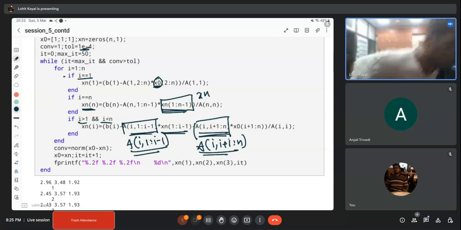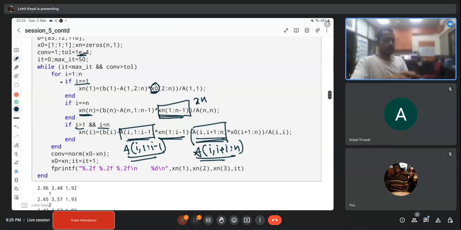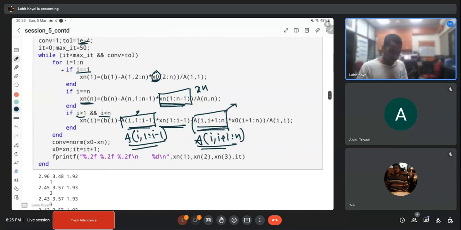Sorry for that. So these elements are below diagonal elements and these are above diagonal elements. For the below diagonal elements, we multiply with xn, and for the above diagonal elements, we multiply with x naught.